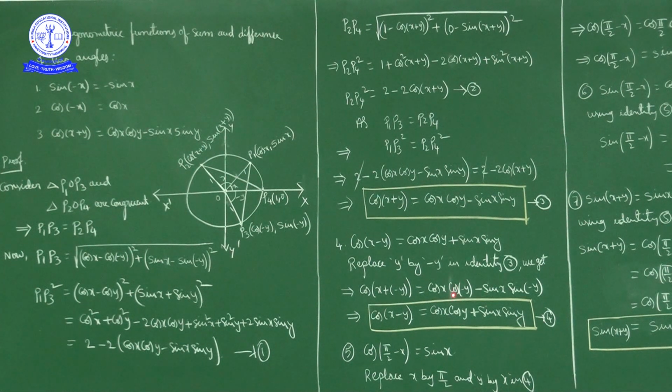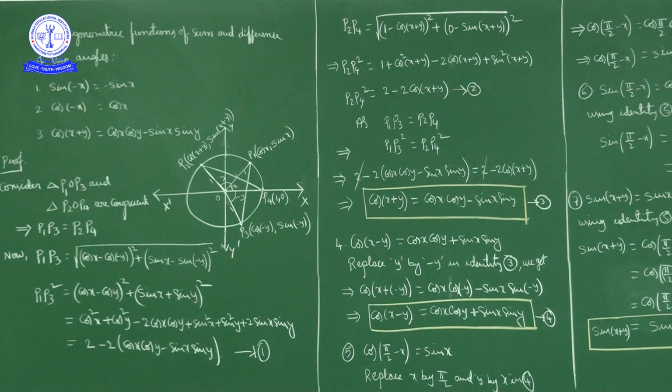Cos of minus y is cos y, because cos is an even function. So cos x cos y minus sin x into sin of minus y, which is minus sin y. So minus of minus is plus, plus sin x sin y. Cos(x minus y) is equal to cos x cos y plus sin x sin y.